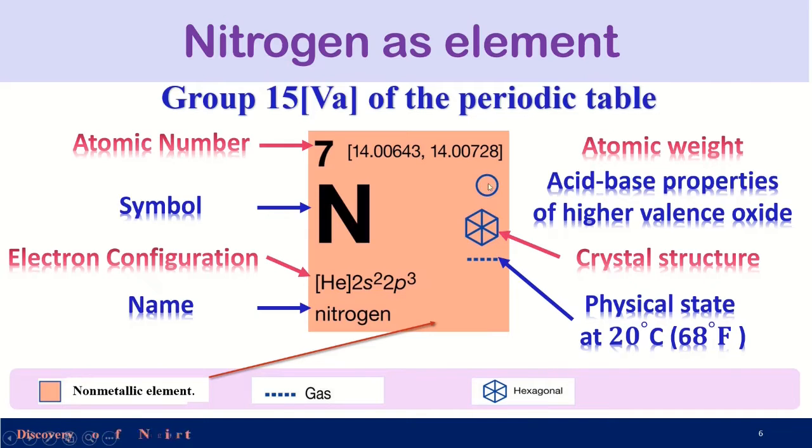Also in this position you can see the acid-base properties of the highest valence oxide, which is strongly acidic. You can also see the atomic weight here. There are two allotropes, so the atomic weights are given separately.